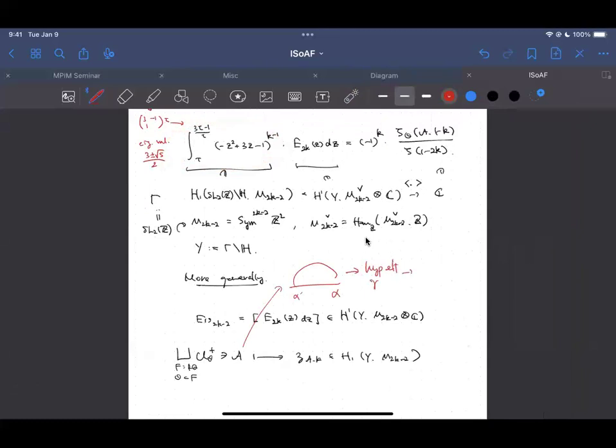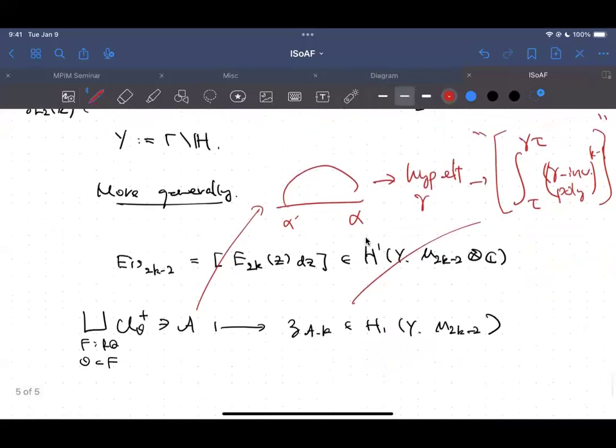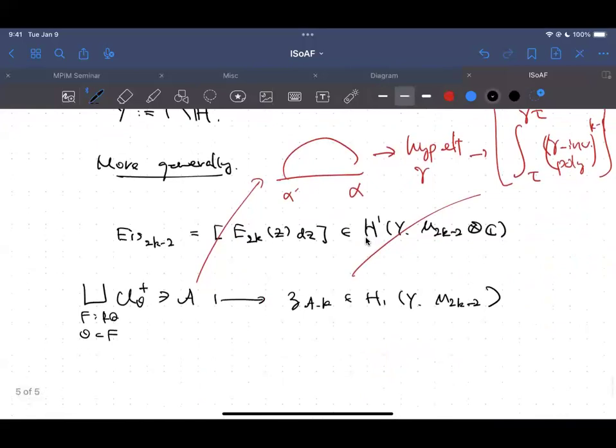Then this class can be simply defined by the integral path from tau to gamma tau, weighted by some gamma-invariant polynomial to some power. So this is a very rough explanation, but anyway, we can define some homology class here.